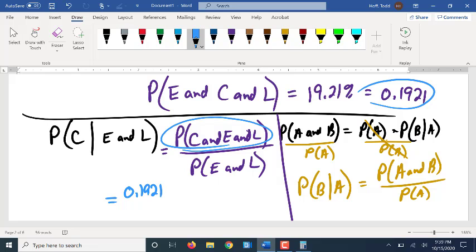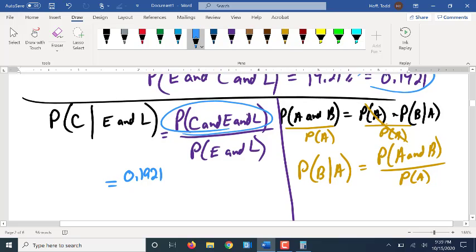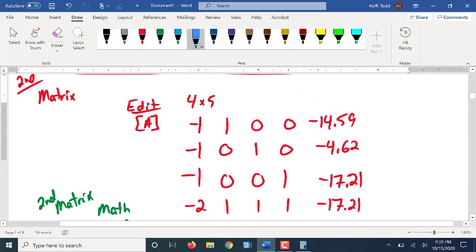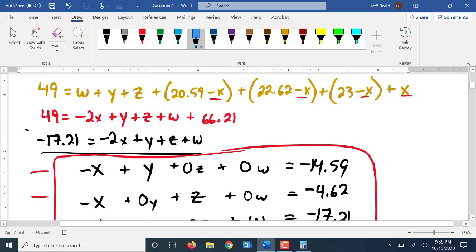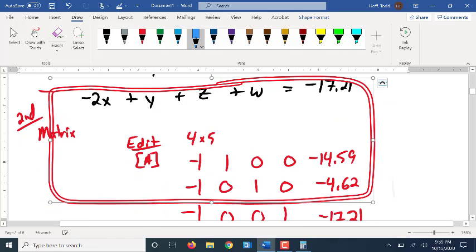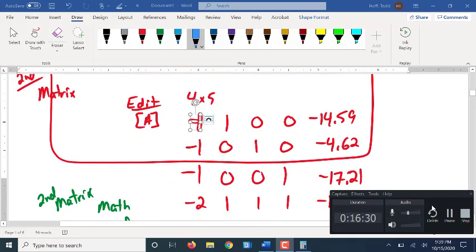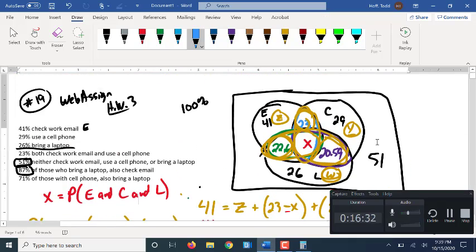The probability of E and L, if I go up here, there we go.